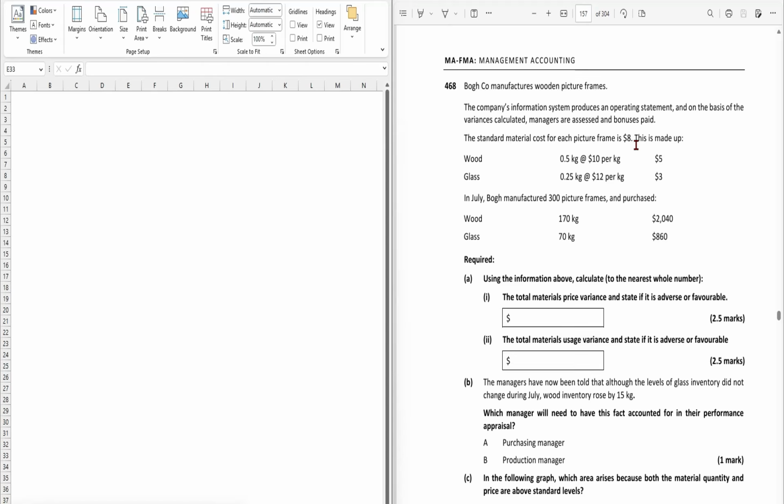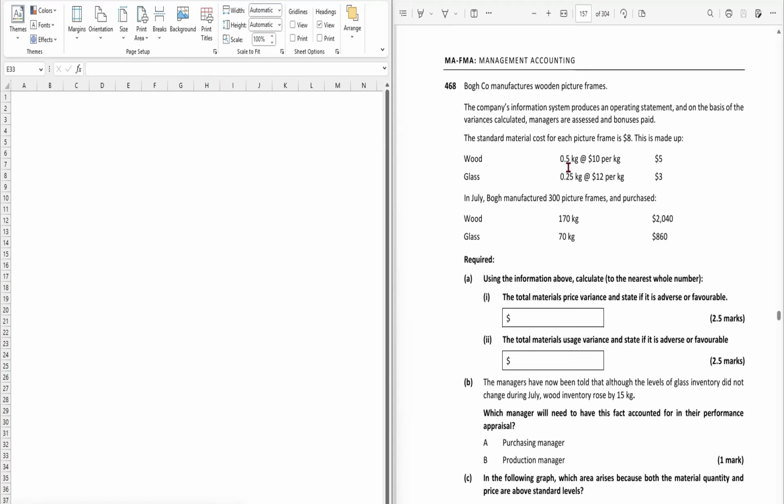Okay, so this is made up of wood of 0.5 kg at $10 per kg, which is equal to 5. By multiplying these two, you will get $5. For glass, 0.25 kg per unit at $12 per kg, and by multiplying both of these, you will get 3.